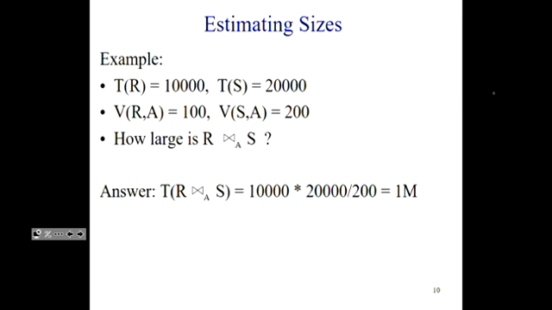So here's an example. T of R is 10,000, T of S is 20,000, V of R comma A is 100, V of S comma A is 200.